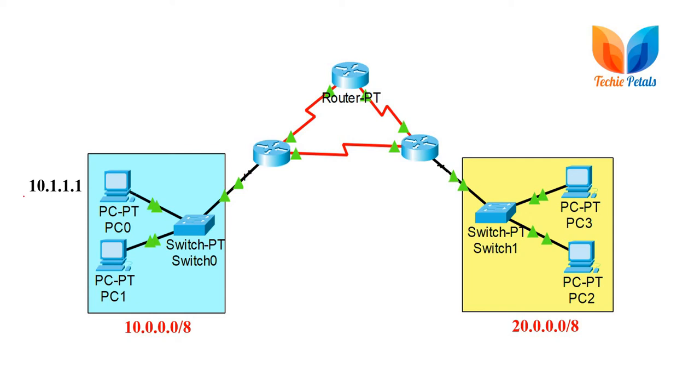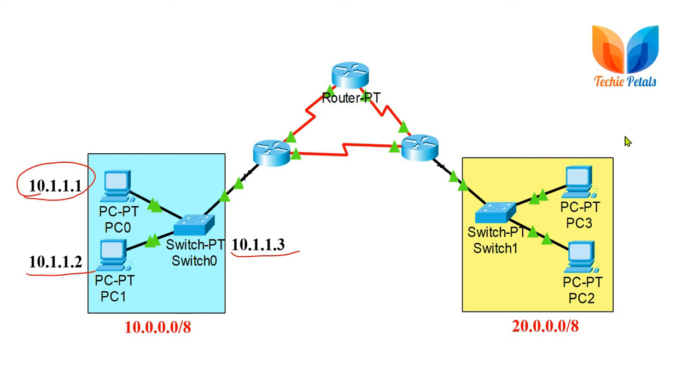Next, the first host of the network is 10.1.1.1 and I am going to use the same pattern for the second host, 10.1.1.2. The gateway for this network is going to be the next IP address, 10.1.1.3.